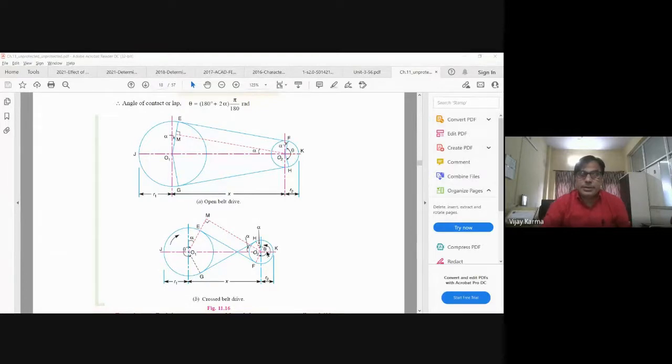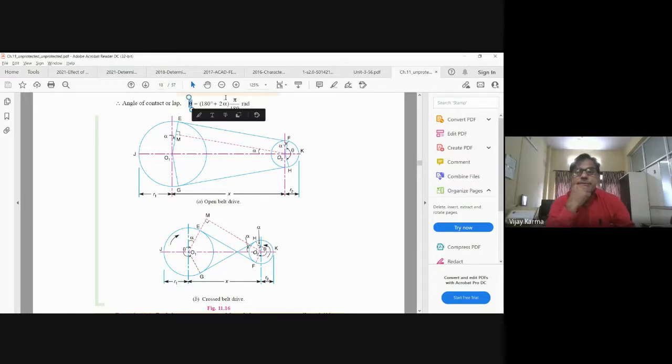So this is our theta 2, and this is our theta 1. The angle of contact or angle of lap is this. Since from here to here it is 180, then 180 plus this angle and plus this angle. Either alpha or beta; we used beta there, so this is beta, this is beta. So beta plus beta is 2 beta, and this is 180. So 180 plus 2 beta.